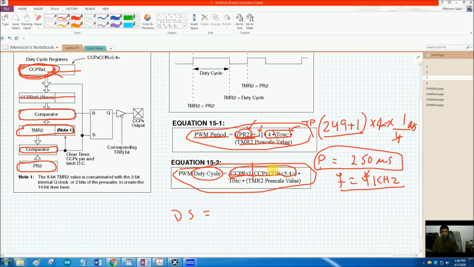So let's say we use a value of 75 in CCPRxL, and for now I am ignoring the value of CCPxCON. They have written that the TOSC should be there.